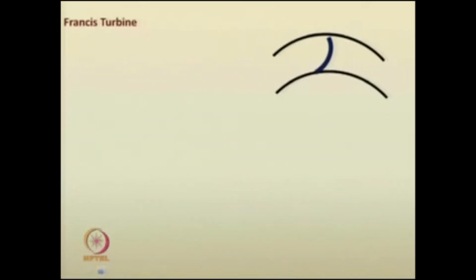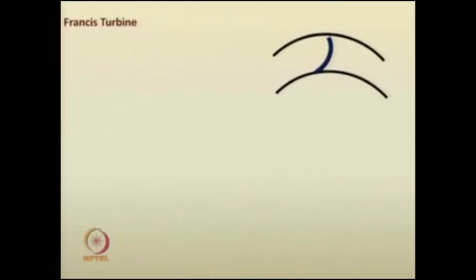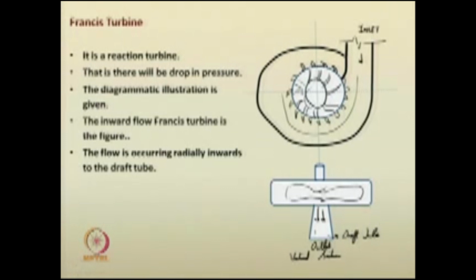If we want to enlarge and study, you use the same Euler turbine machine equations, and you can study the following quantities. In the Francis turbine, we are just enlarging this particular portion.